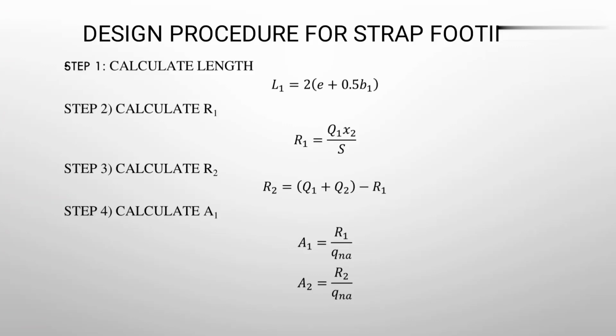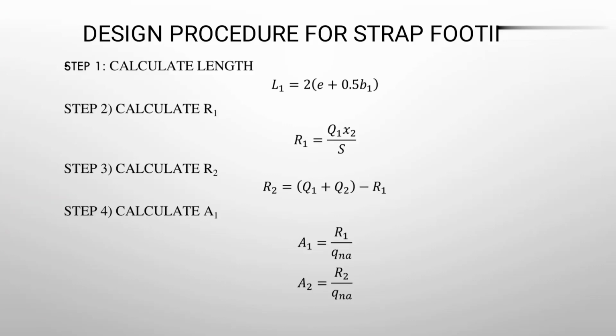Second step is to calculate R1, that is the reaction. Capital R1 equal to Q1 X2 divided by capital S. Here capital Q1 is the load at the exterior column, X2 is the center to center distance, capital S is the distance between the centers of the reactions.